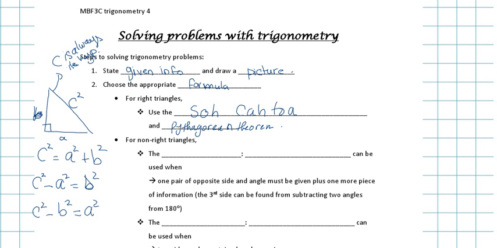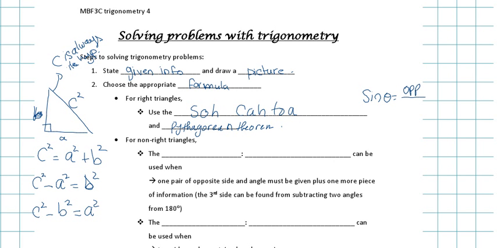So what does SOHCAHTOA stand for? Sine is what? Sine, the angle is equal to what? O, which is opposite, over hypotenuse.